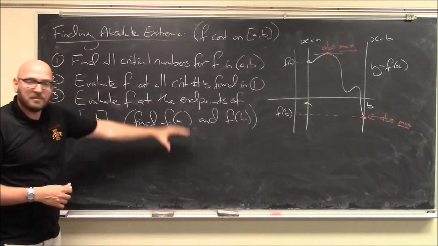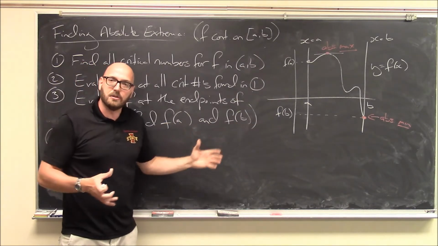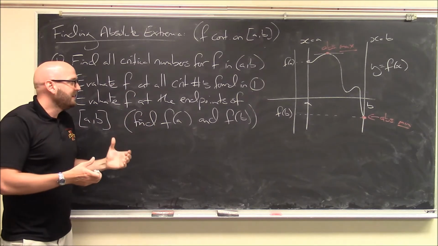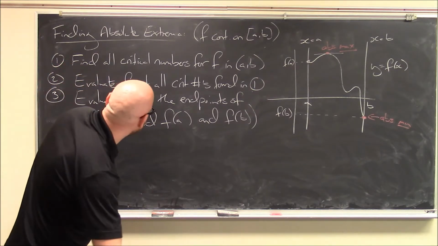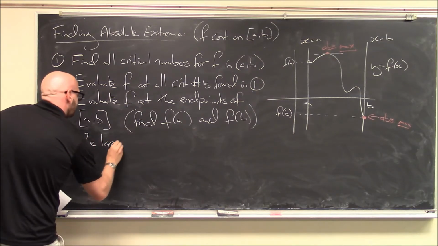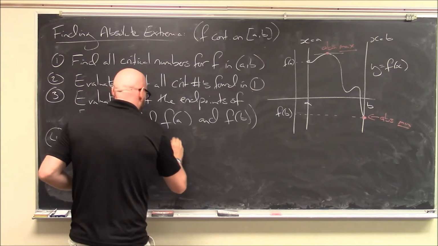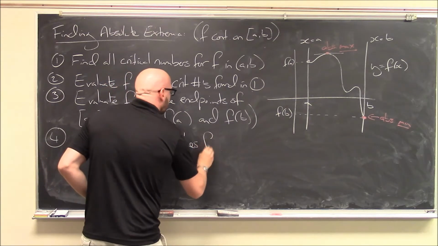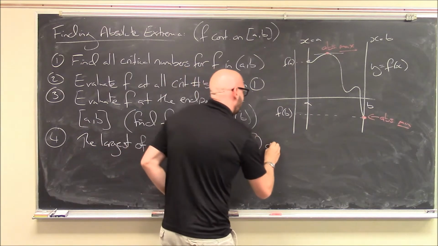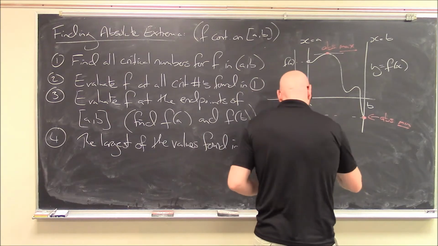So I just take this list of numbers that I have now, I take this list of the function evaluated at the endpoints and all the critical numbers, and I just choose the biggest one. The biggest one is the absolute max, and the smallest one is the absolute minimum. Right, so the largest of the values found in step 2 and 3 is the absolute maximum.